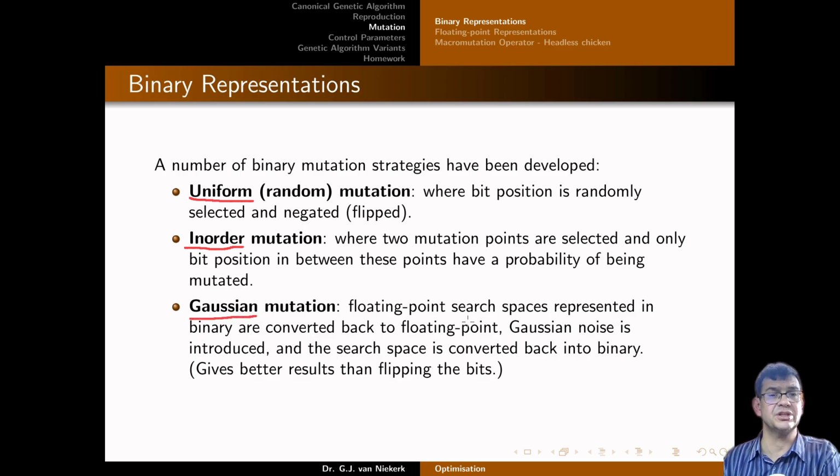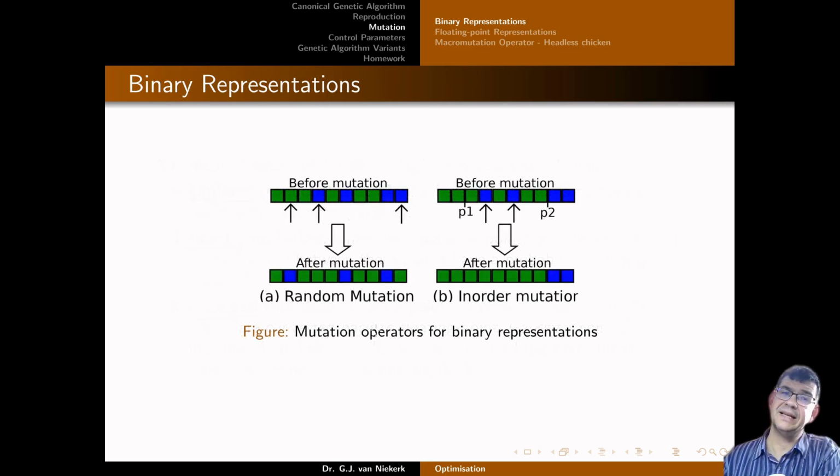With Gaussian mutation, this is for floating point and perhaps to some extent integer values. So you don't mutate a single bit, but you mutate a complete value. Then you can use a Gaussian which is added, so there's a higher probability of adding or subtracting a small value than of adding or subtracting a larger value.